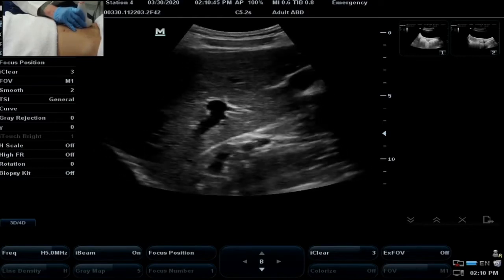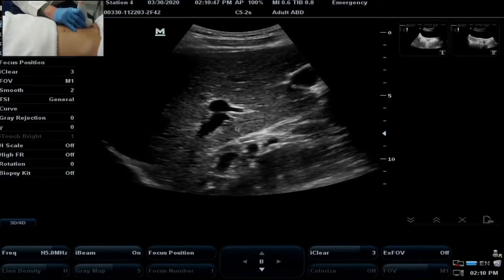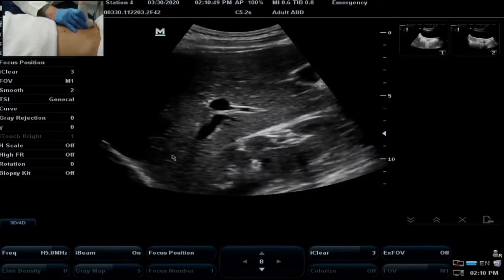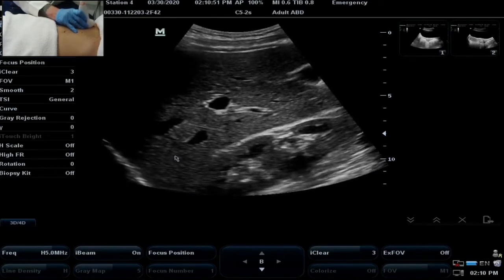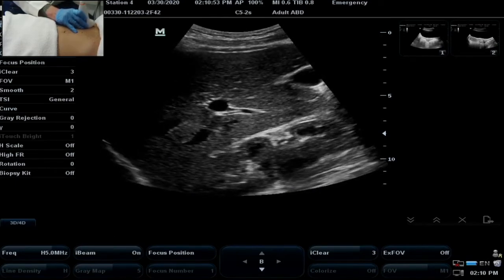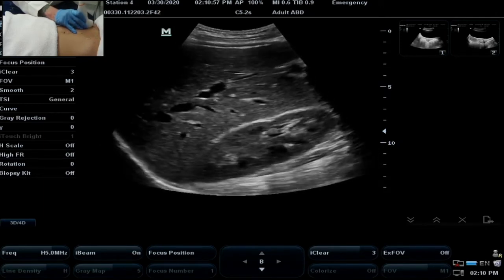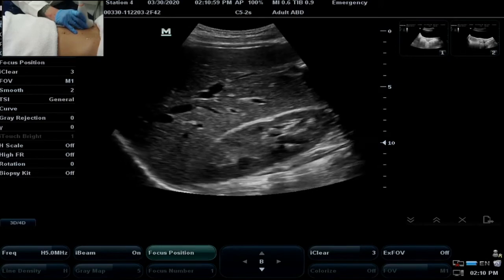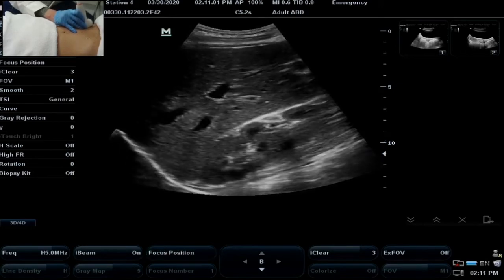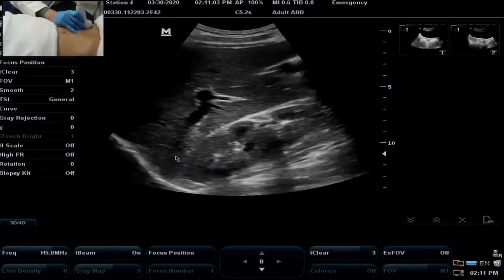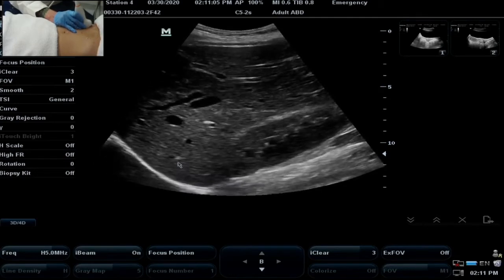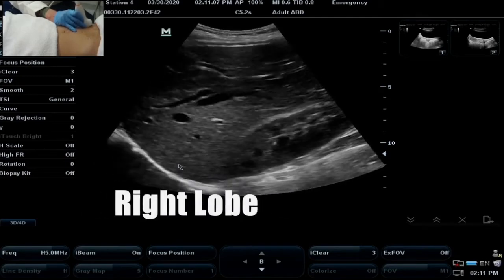You'll notice that we're starting to encounter some dropout deeper in the image, and so I'm going to need to make some adjustments. I need more depth, for one thing, and I need to drop my focal zone, 1. And now I can look at the rest of the right lobe.